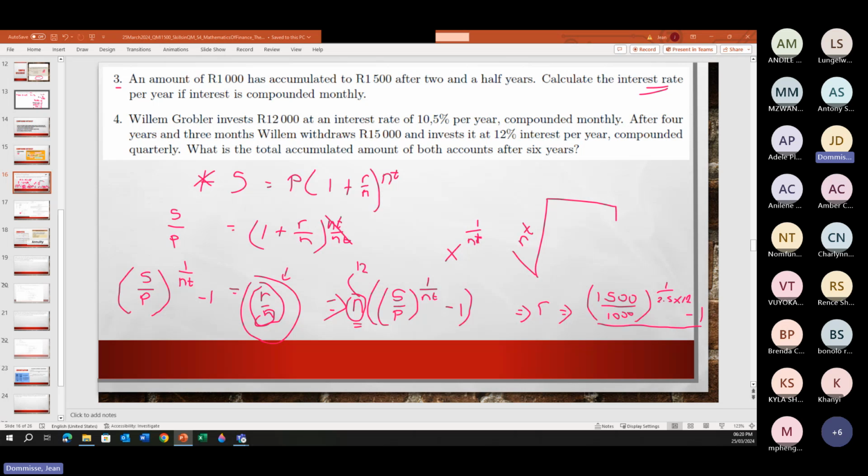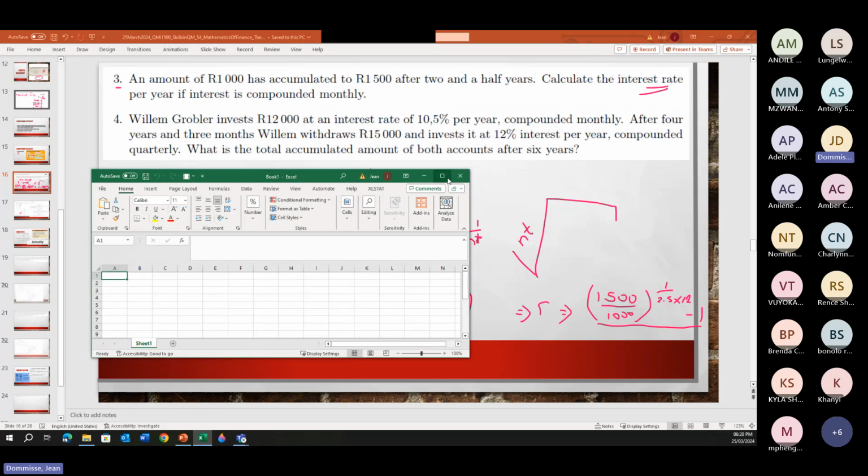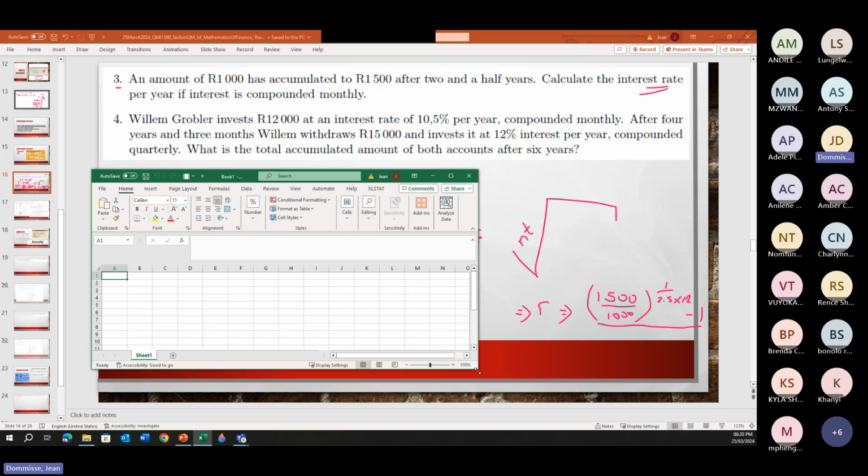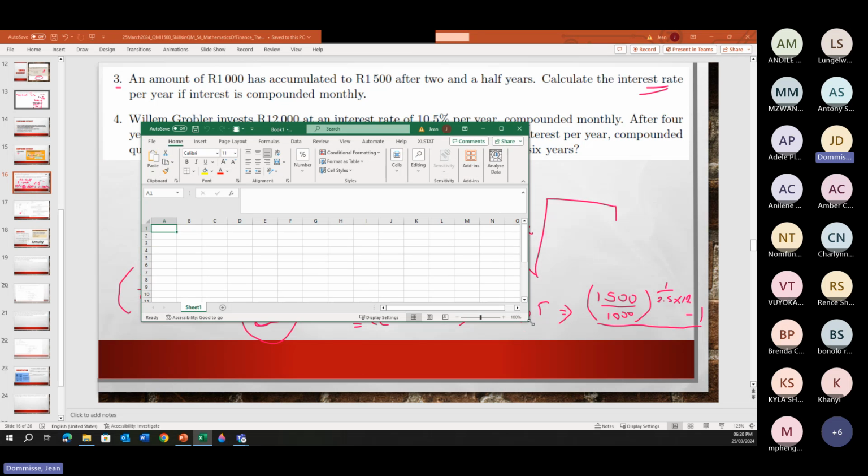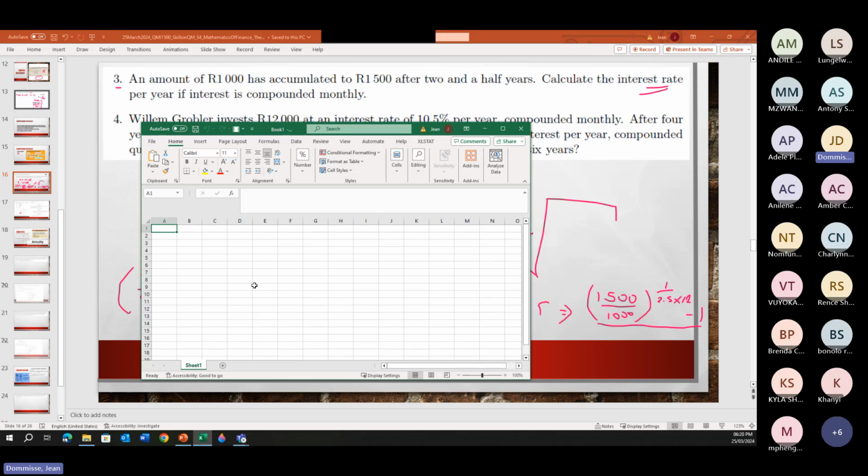But let's quickly, I want to show you something in Excel as well. I'm going to use the same things that you would use on any of the financial calculators. So if you have a present value on your calculator, we're going to use the same number in here. If you got the future value on a calculator, we're going to use the same in this formula.